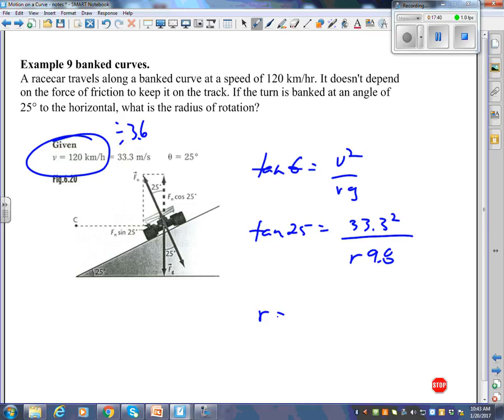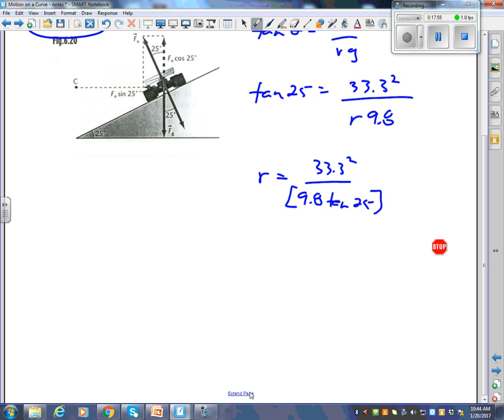R equals, R goes up, tan 25 comes down. So that's going to be 9.8 tan 25. You might want to use brackets on your calculator when you do that. All you're doing is multiplying both sides by r, right?